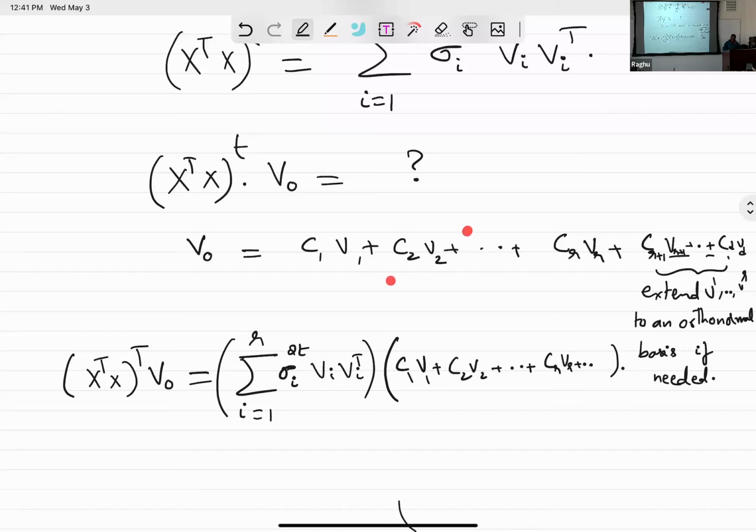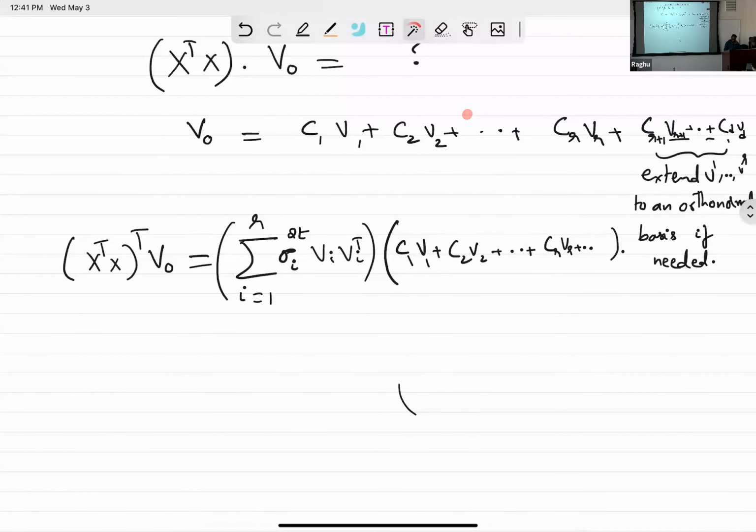Technically I had to multiply every term here with every term here, but V1 is perpendicular to V2 and so on, so all of those terms become 0 and only the matching term survives.